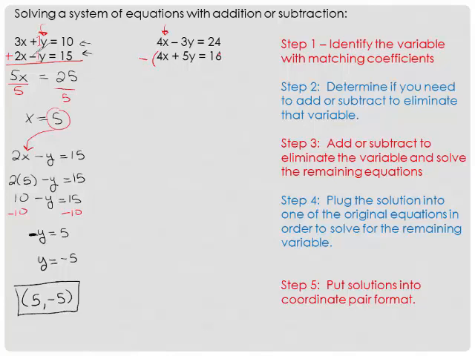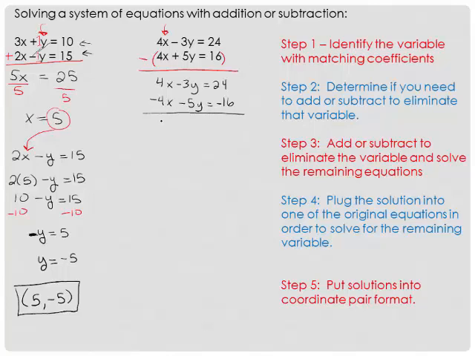Subtracting means I subtract this entire equation, which is actually going to change all of the signs. So I'm going to rewrite this. And what I'll have is 4x minus 3y is equal to 24. And then negative 4x minus 5y, negative 16. What I did is I distributed the negative.